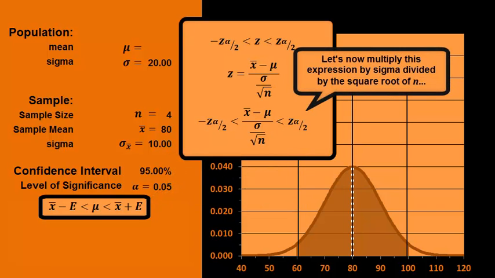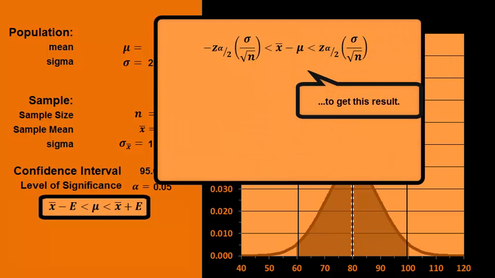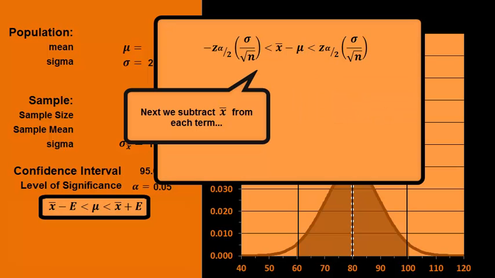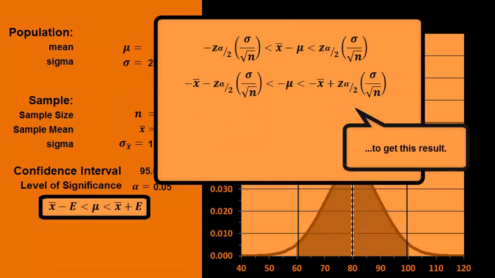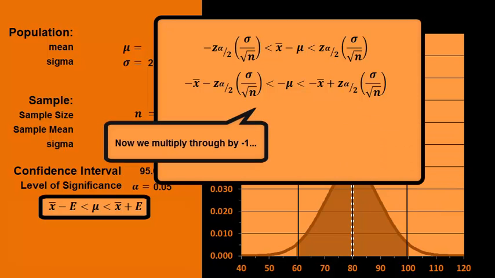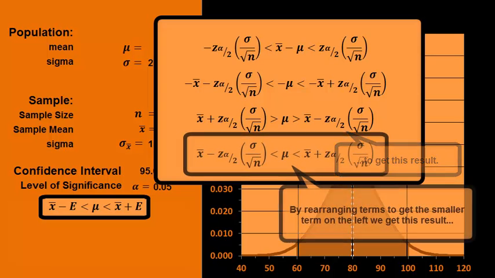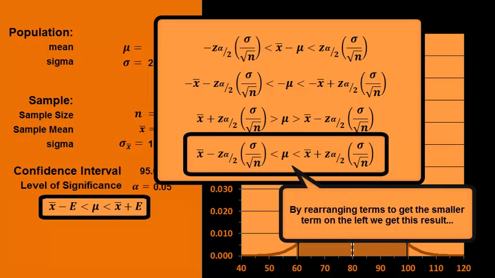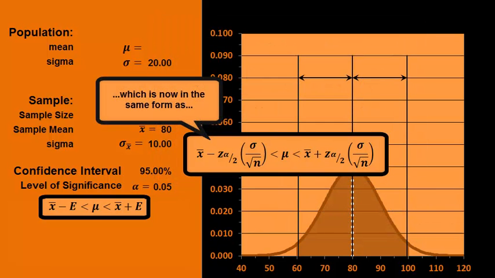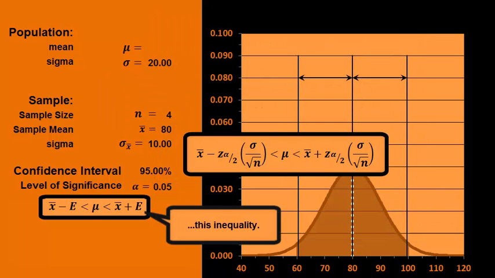Let's now multiply this expression by sigma divided by the square root of n to get this result. Next, we subtract x bar from each term to get this result. We now multiply through by -1 to get this result. By rearranging terms to get the smaller term on the left, we get this result, which is now in the same form as this inequality.